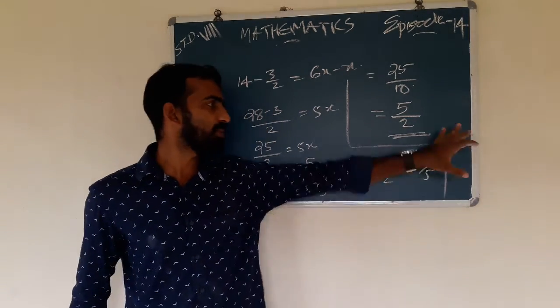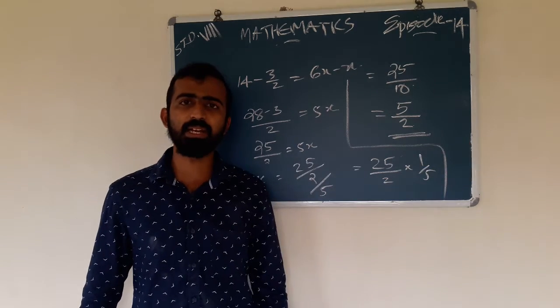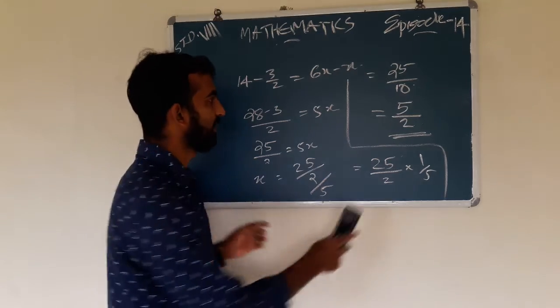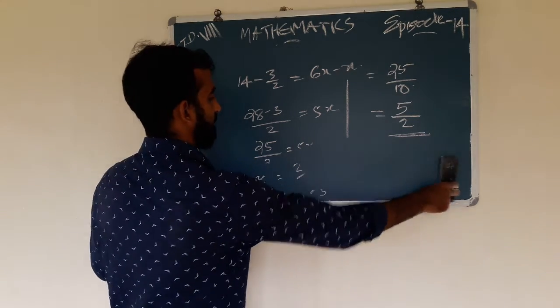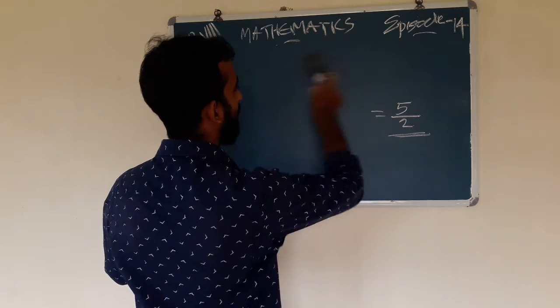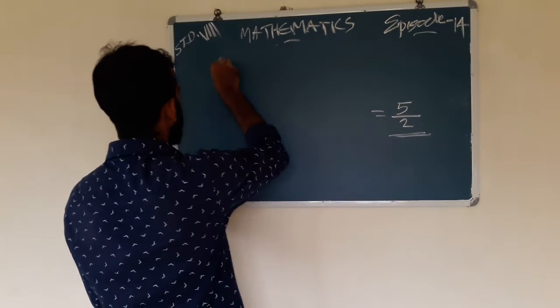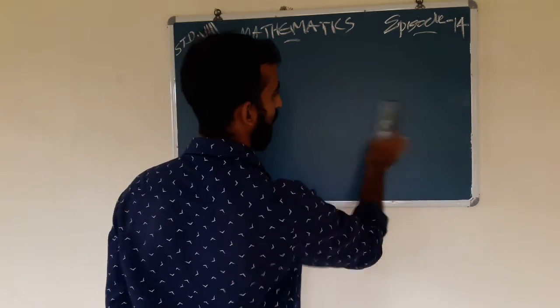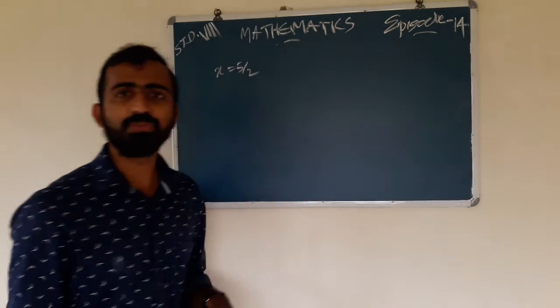When we put the values in the left side and right side, we get the same answer. We can check. X is 5 by 2.